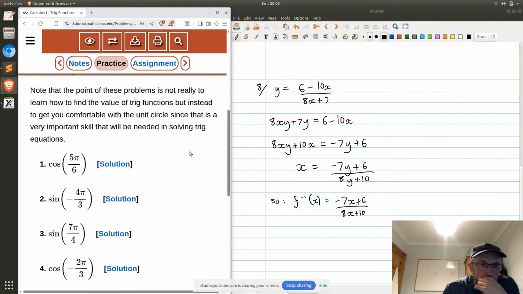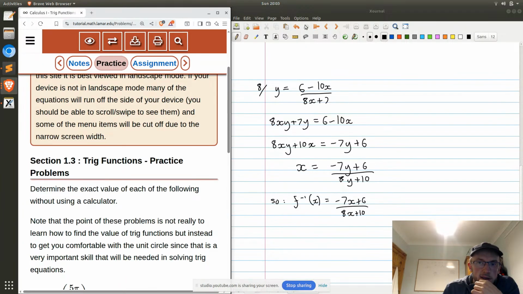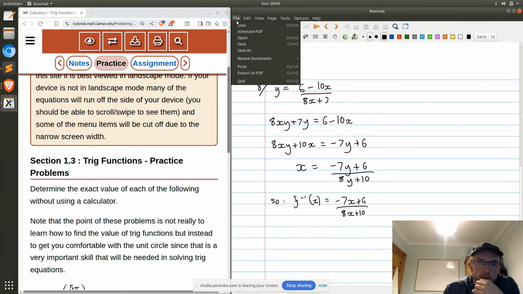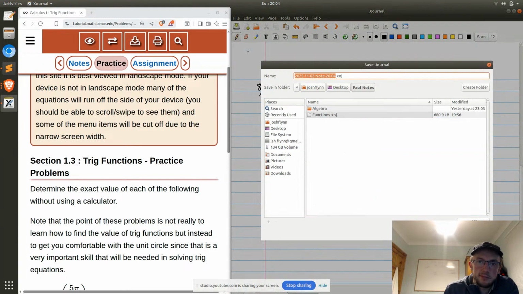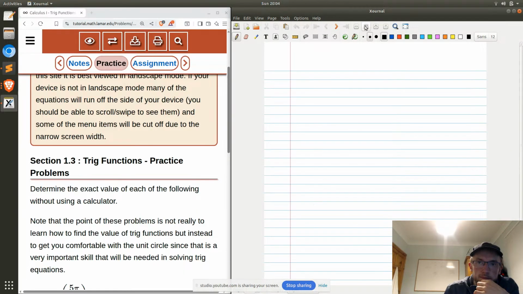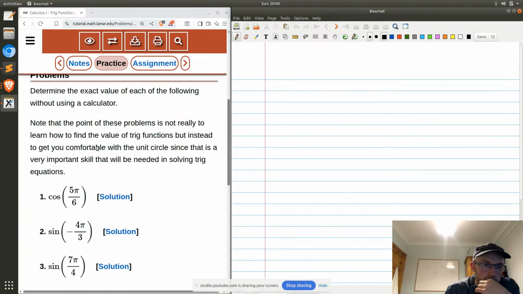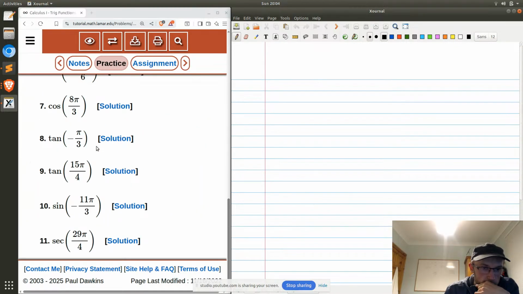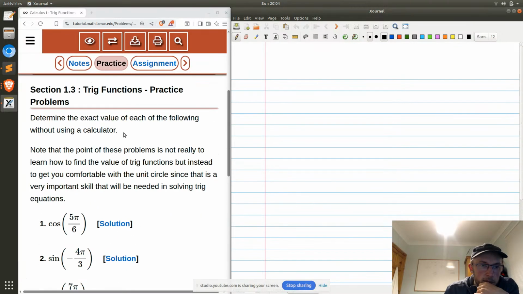Okay, now practicing trig functions. Very nice. So I'll save this as inverse functions. And I get started with trig functions. Okay, not bad.